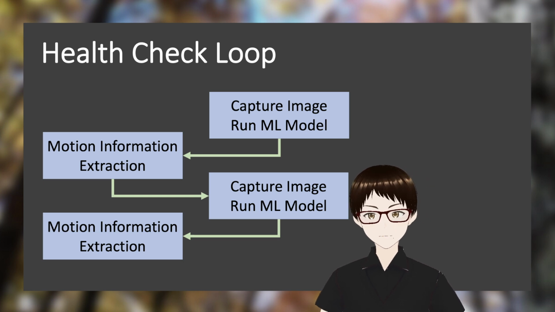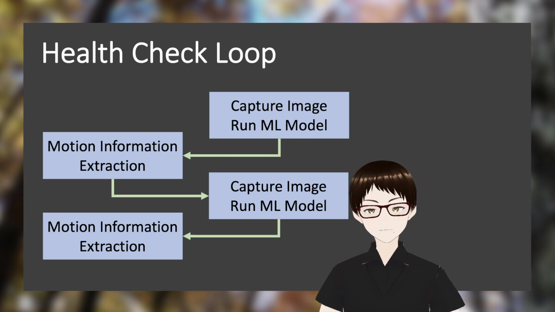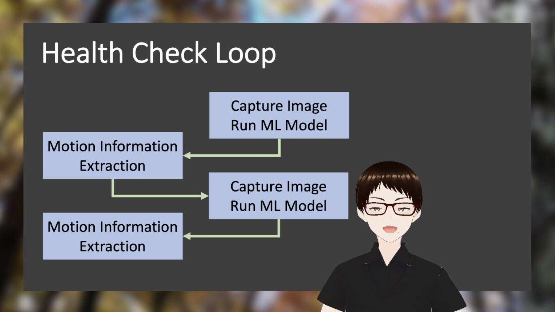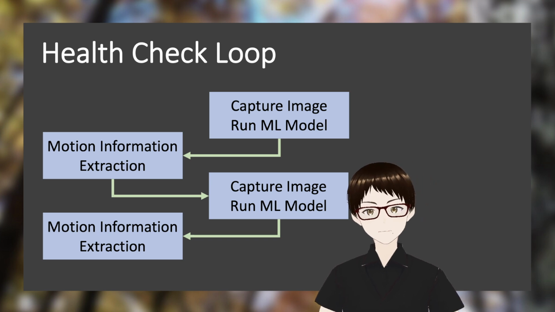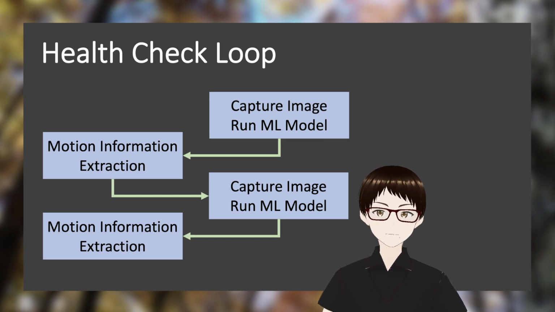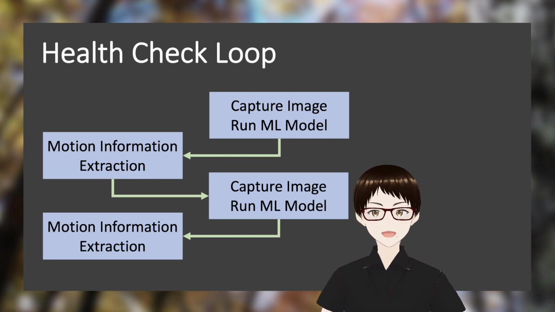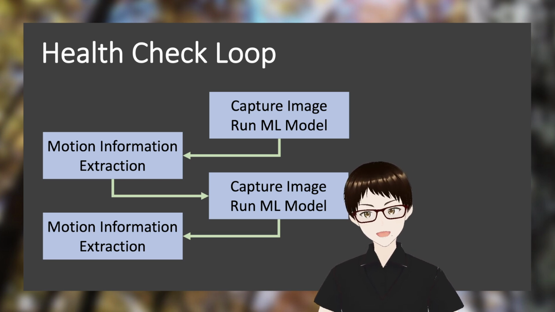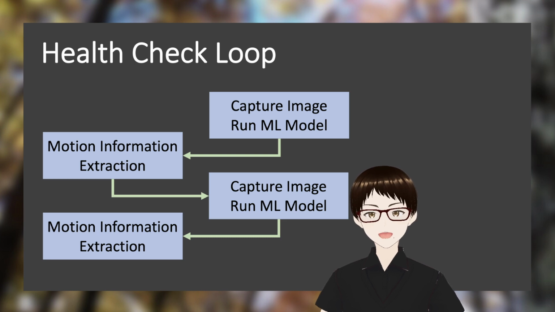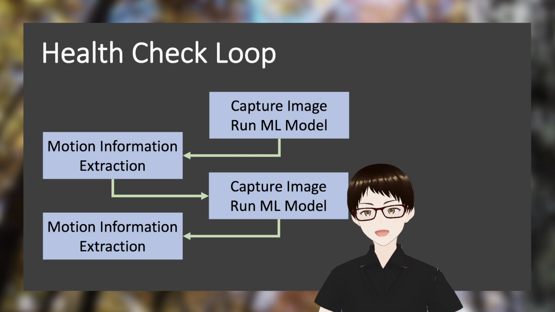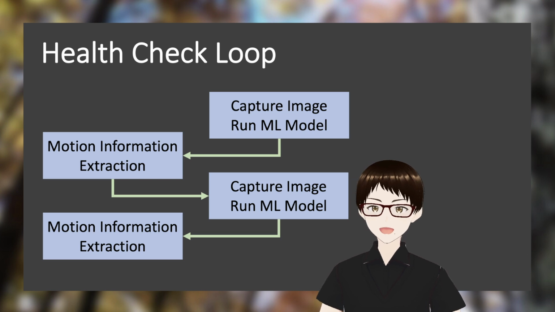After processing it, the machine learning model returns some information: where your hands are, where your head is, the position of your mouth, the position of your eyes. However, this information is basically positioning information that we can see from the image, and we need to transform it into motion information that we can use in our 3D model, right?